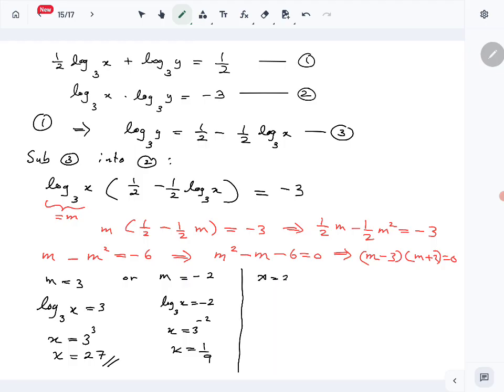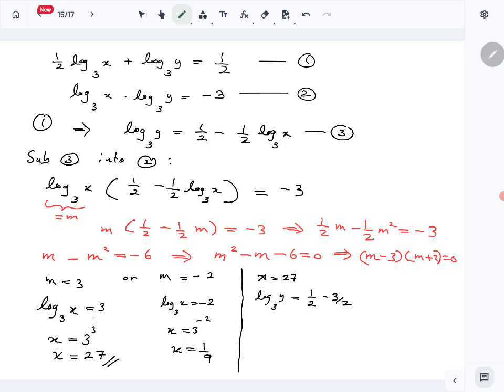When x equals 27, what's the y value? Log 3 y is equal to what? Half minus 3 over 2, right?